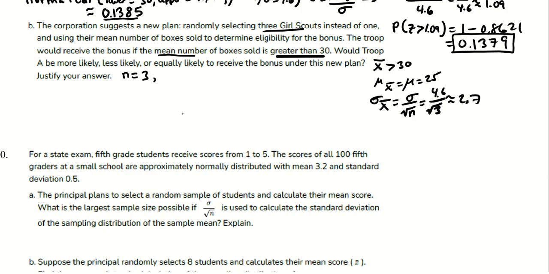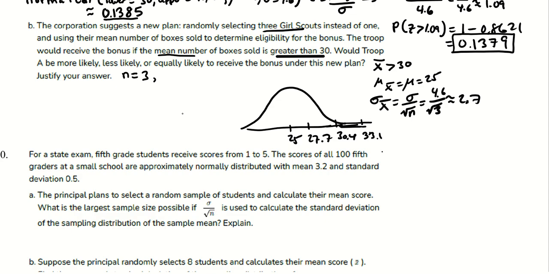And so what that's going to do is, when you make the graph, it's going to have the same mean, but it's going to go by 2.7s instead. So it's going to be 27.7, and then another 2.7 is 5.4, so about 30.4, and then one more 2.7, so about 33.1.